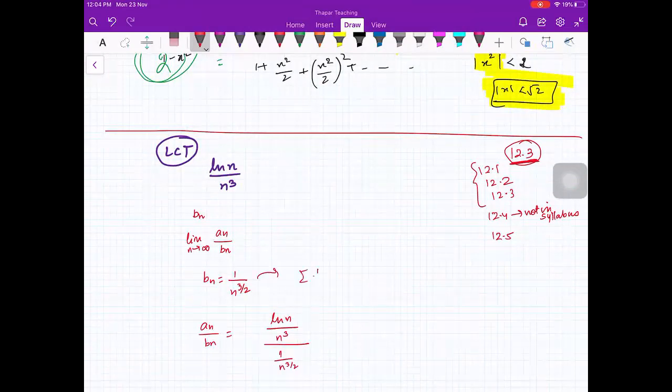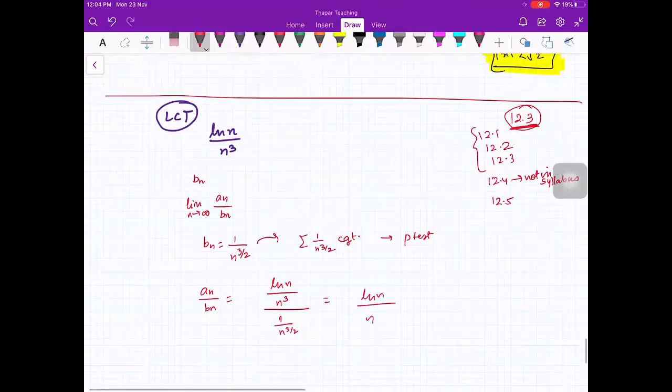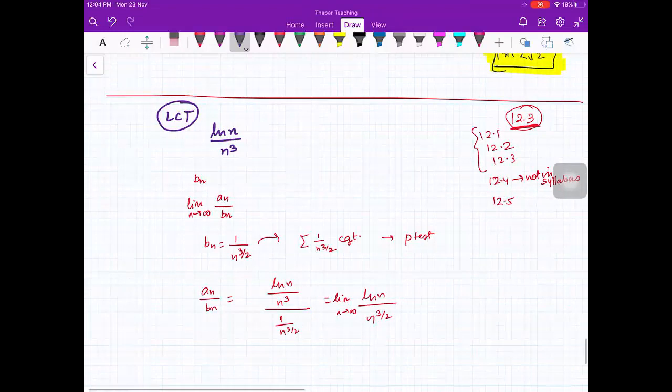Here we know that this is convergent by the p test. So this is log n upon n raised to power 3/2, limit n going to infinity. Can you tell me what this limit is? Yes, beta. What is this limit, students? 0. Sorry, how much?